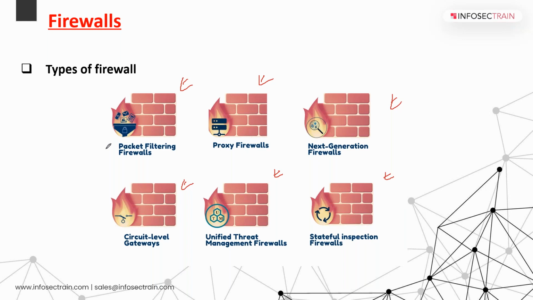Let's say I want to visit the InfosecTrain website. Your request will go to a proxy somewhere in between. That proxy will decide whether the request should go to InfosecTrain or whether you get an error message, meaning you are not allowed to browse this website inside your company network.